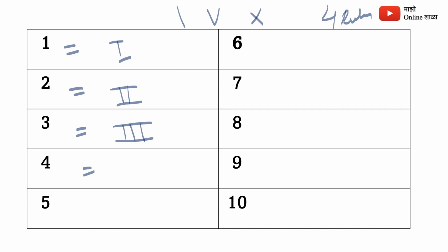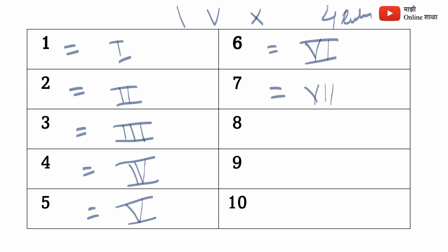So, how to write 4 then? 4 we will write as 5 minus 1. So, this is our 4, I V. 5, we know the symbol of 5 is V. 6 is V I. 7 is V I I. 8 is V I I I. Okay. 9, again 9 we will write as 10 minus 1, I X, and the symbol of 10 is X. So this is Roman numbers 1 to 10.